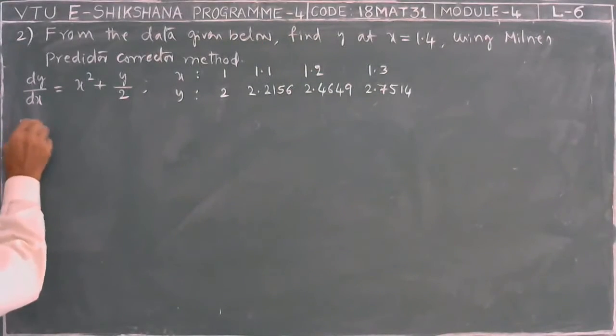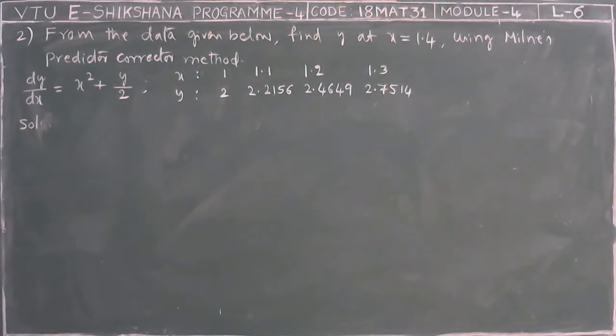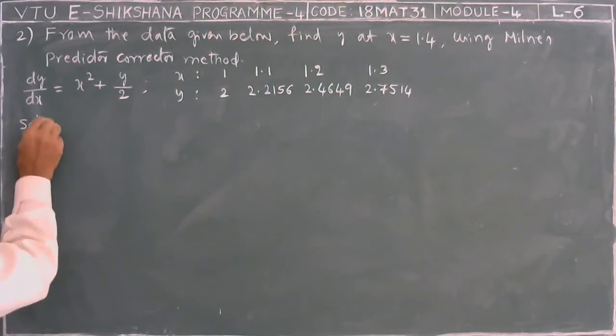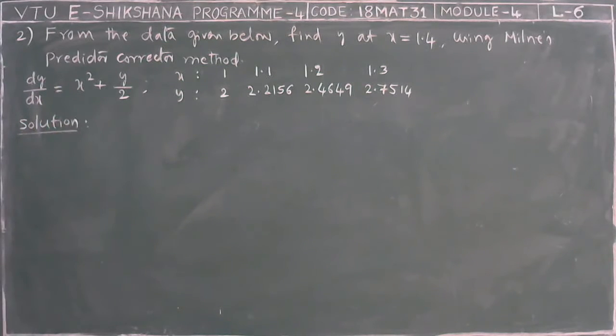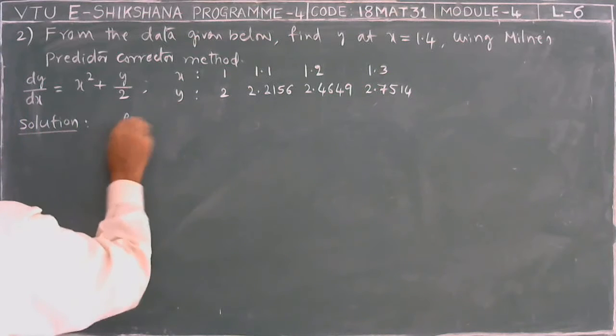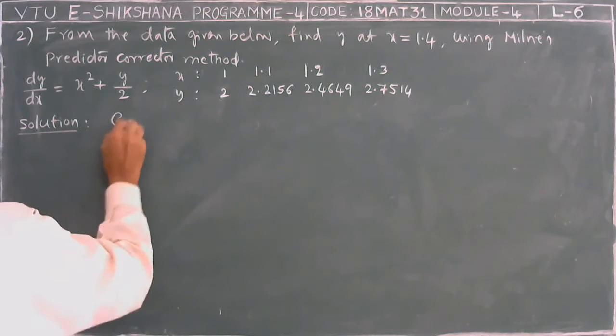Let me rewrite this data as per our convenience. Given f of x comma y is x square plus y by 2.